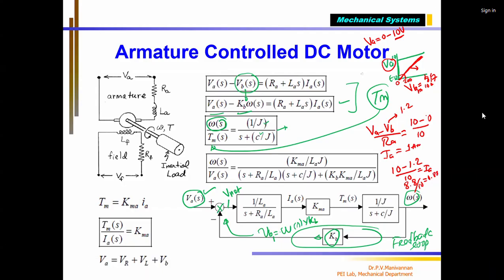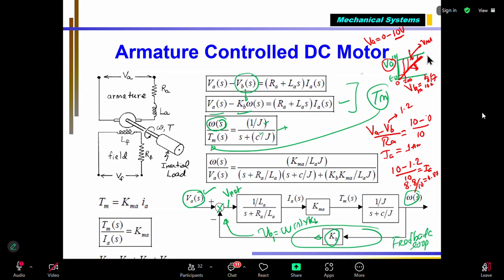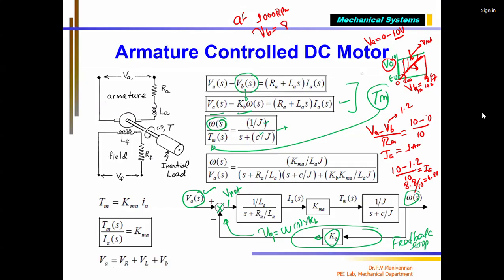So as the back EMF is increasing, the difference voltage, V net, will go on decreasing. For example, at 1000 RPM, my VB equals 8 volts. That's what the motor may reach. We could make it 10, but then your motor will not run.